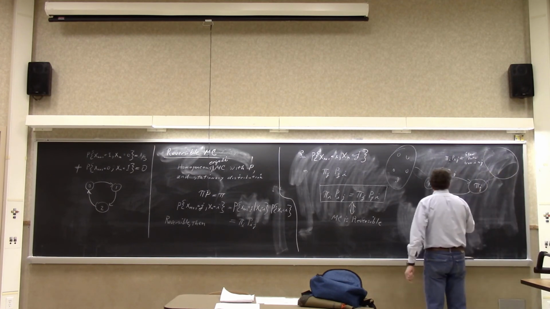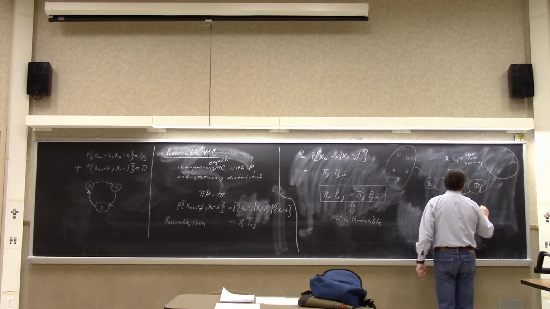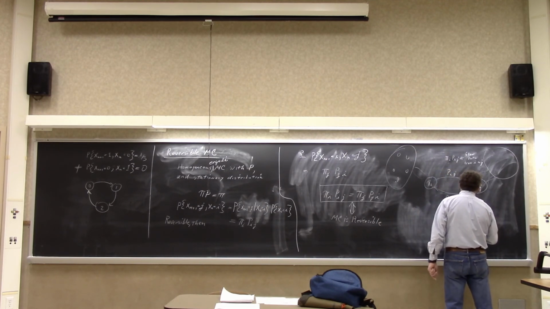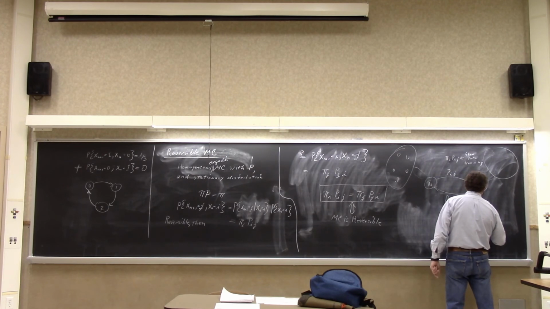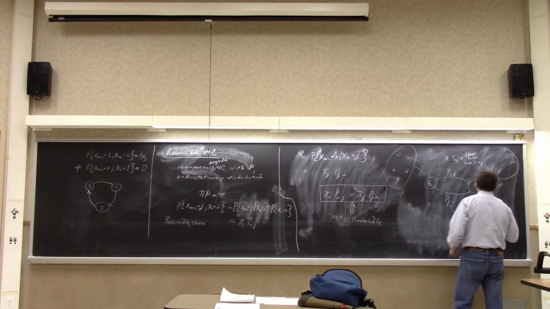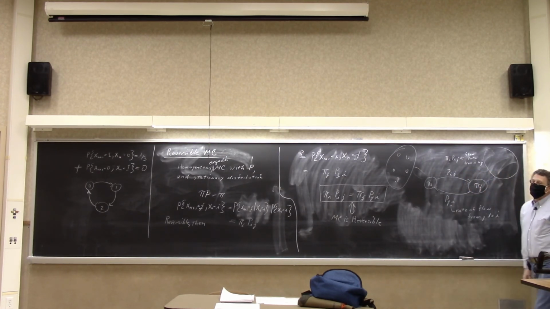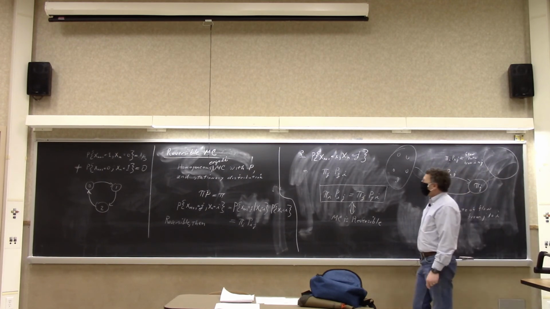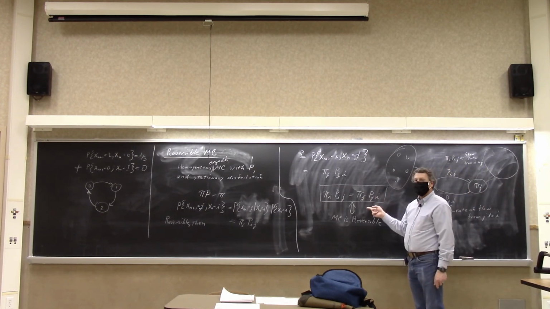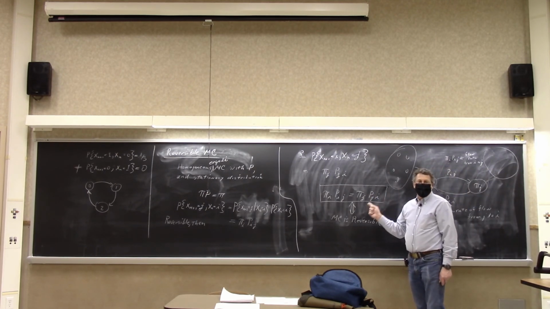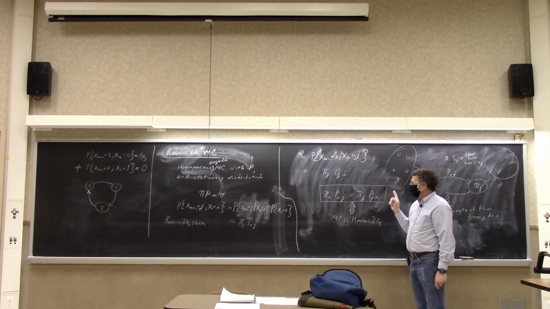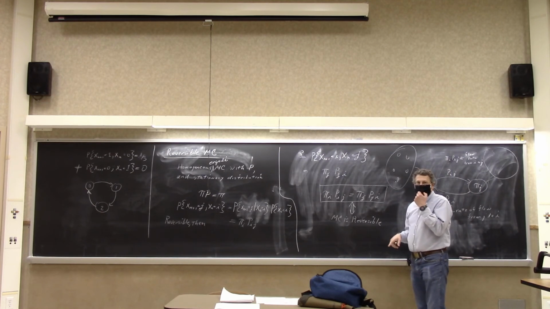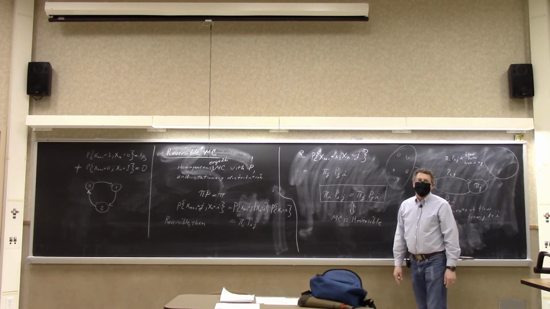And pi j times Pji, this is the rate of flow from j to I. So what this is saying is that a Markov chain is reversible if the flow rate between every two states is in balance, right?